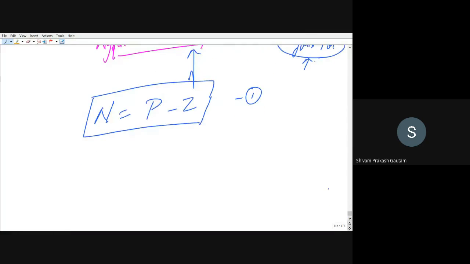Now there is some understanding of the terms: what is N, what is P, and what is Z. So we will have a look into what the three variables which you are seeing here really mean.